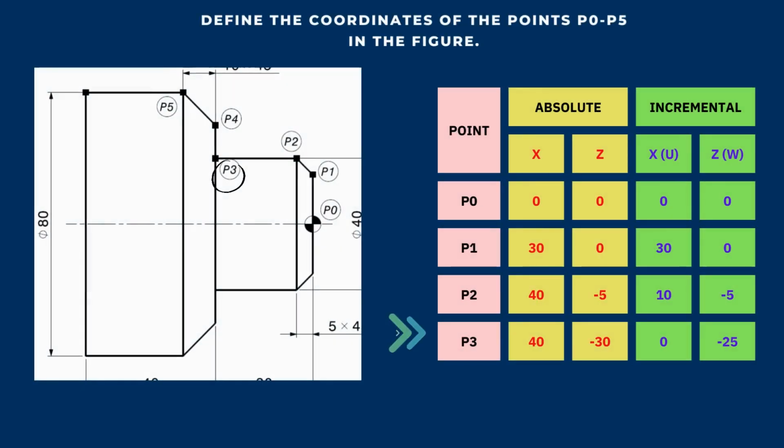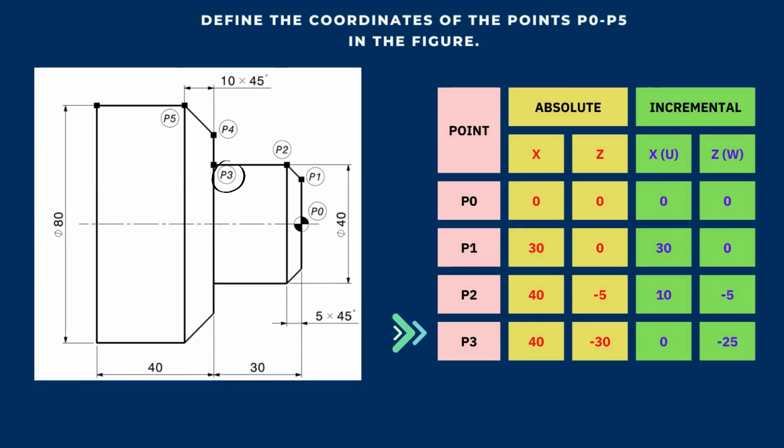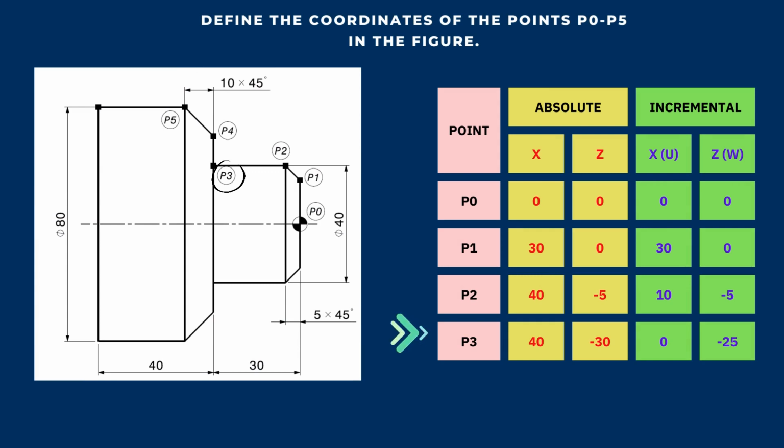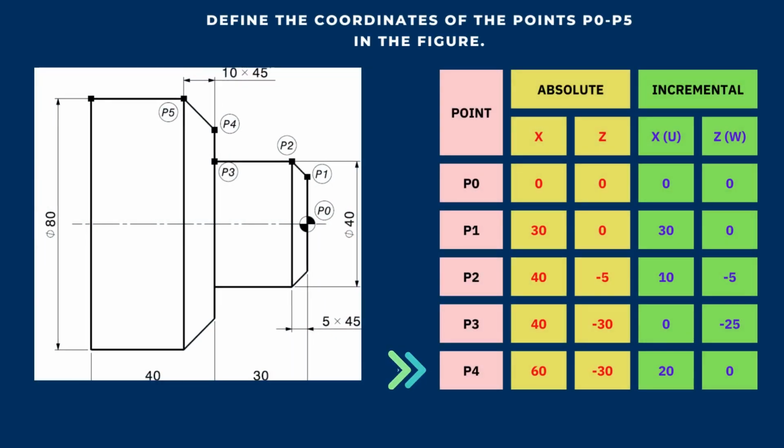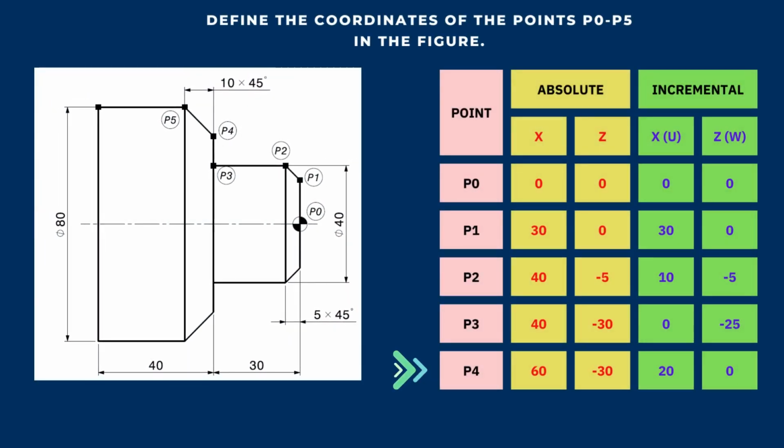The X value of the P3 point according to the absolute system is 40, and the Z value is minus 30. According to the incremental system of the P3 point, the X value on the X-axis is 0, and the Z value on the Z-axis is minus 25. The X value of the P4 point according to the absolute system is 60, and the Z value is minus 30.